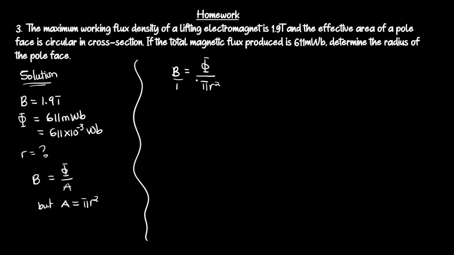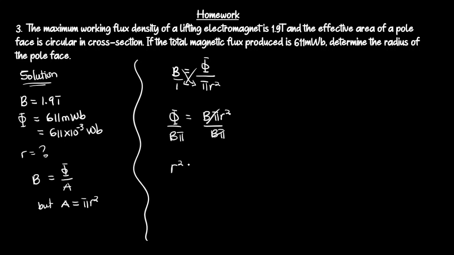So if I cross multiply over here, my phi will multiply 1, which is still phi. Then I have B pi r squared. To just leave r squared alone, I divide both sides by B pi, so this will cancel this.